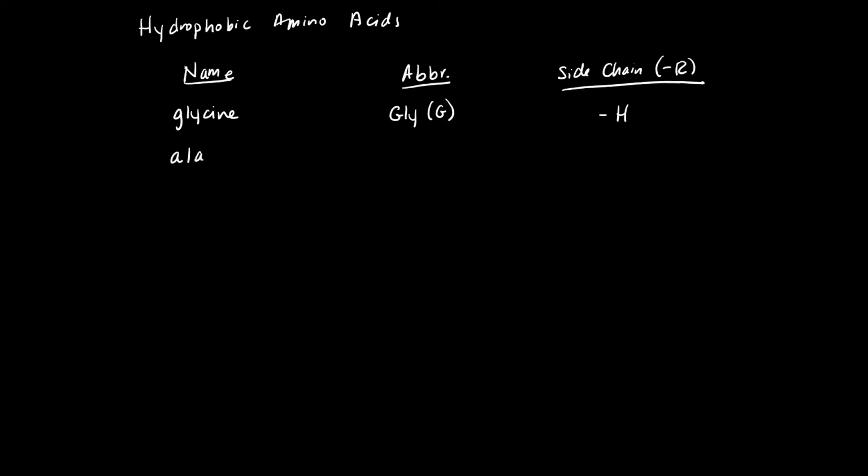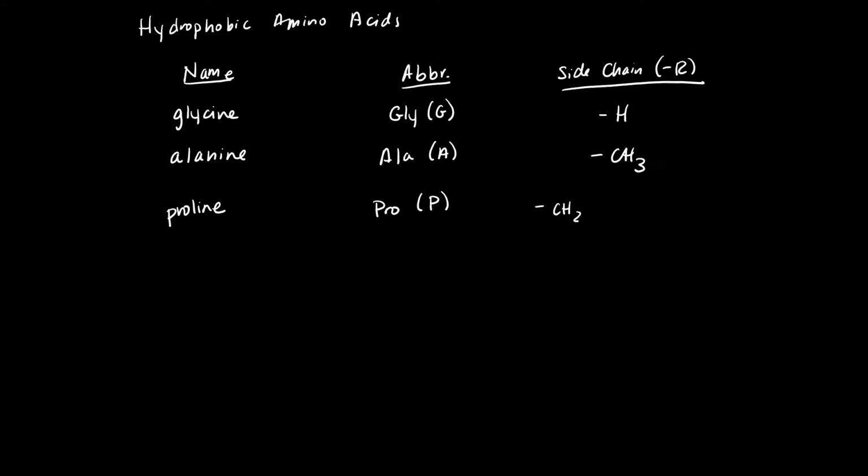Our next one is alanine, with the abbreviation ALA, and that has a CH3 as a side chain, so it's another relatively small hydrophobic side chain. Next we have proline, or PRO, and this amino acid is very unique in that it has a cyclic side chain.